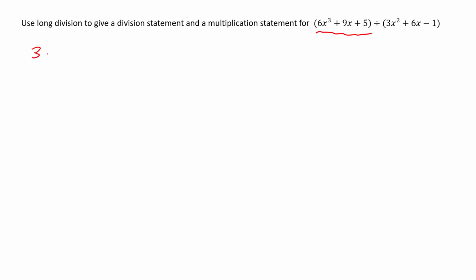I'm going to write 3x squared plus 6x minus 1 as my divisor, and then I'm going to put 6x cubed plus 0x squared plus 9x plus 5. Notice that I added a 0x squared term. I find that very helpful to help me continue to line up my columns.